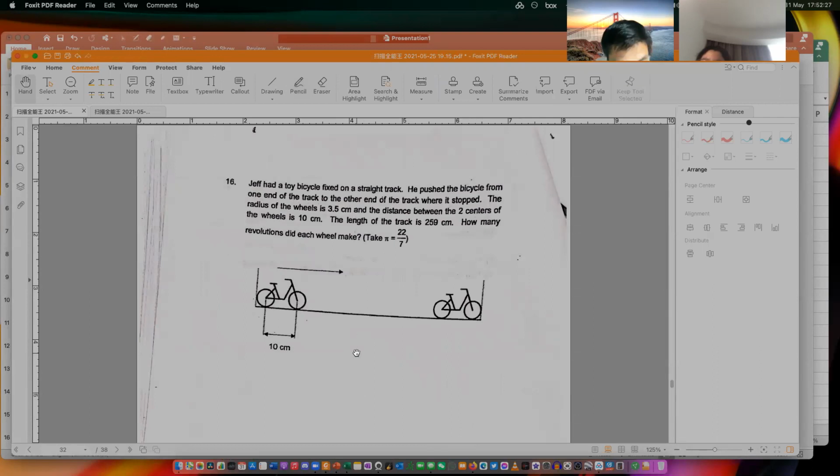Jeff had a toy bicycle fixed and then he pushed the bicycle from one end of the track to the other end, and then the radius of the wheel is 3.5 cm. So the radius of the wheel is 3.5.